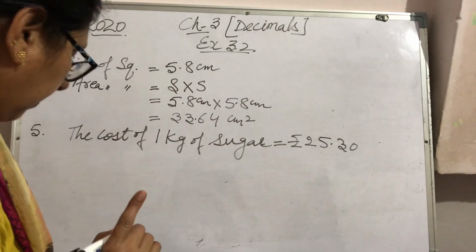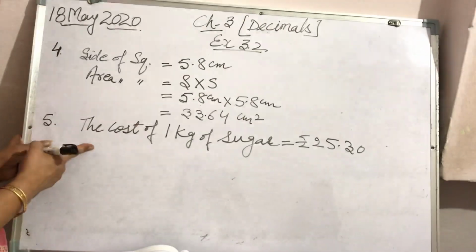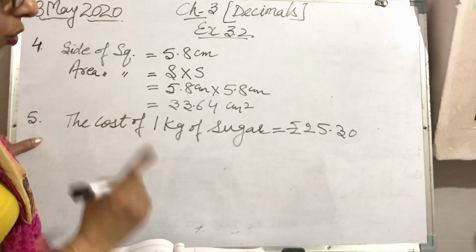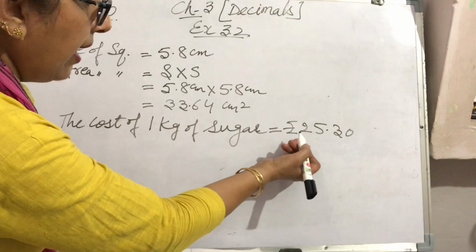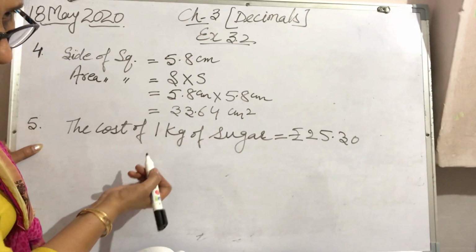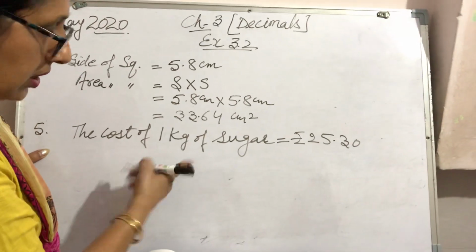Find the cost of 13.5 kg. By writing the statement, take care of these things. We have to find the cost. Cost should be in rupees. That's why we have taken rupees at the right side. And kg is repeated, so kg under kg.